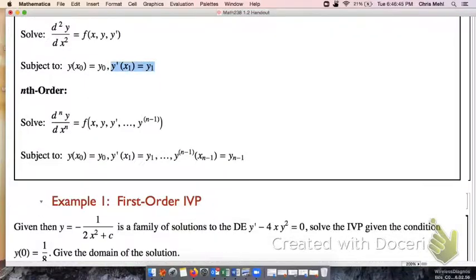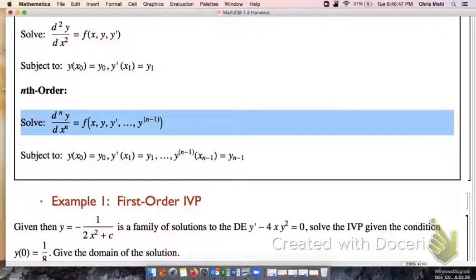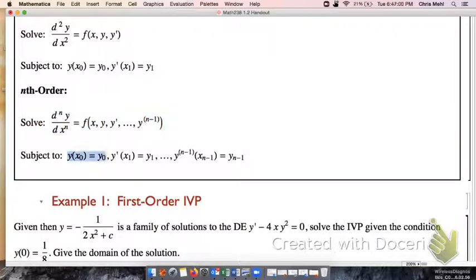So in general, when you're solving an nth order differential equation in normal form, the nth derivative would be in terms of x, y, y prime, all the way up to the n minus first derivative, and you would actually need n conditions. Notice, for an nth order differential equation, you would need n conditions.